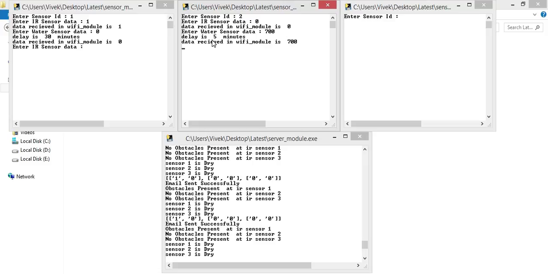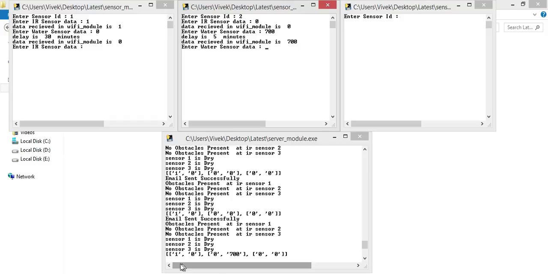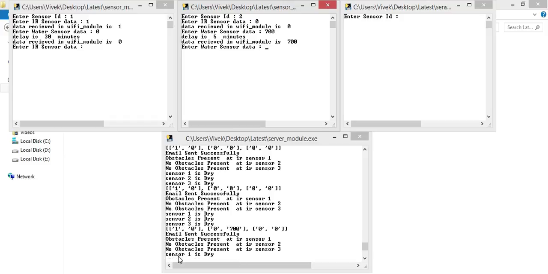Now my delay is 5 seconds, and after 5 seconds I can put in another input. Simultaneously, every 30 seconds this will be updated in the server. Here you can see that 700 has been updated, and this time two emails will be sent, one for sensor ID 1 for the IR sensor and another for sensor ID 2 for the water sensor.